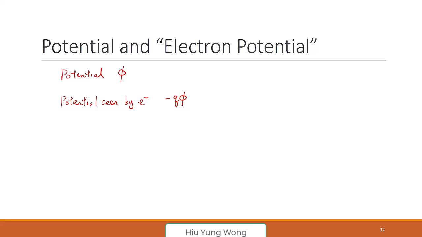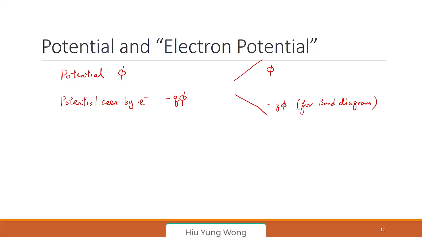Can you hear me now? Yes. Okay. So that's why earlier, when we have a potential going up, this is going down. This is for the band diagram, because for the band diagram we only care about how the electron feels.